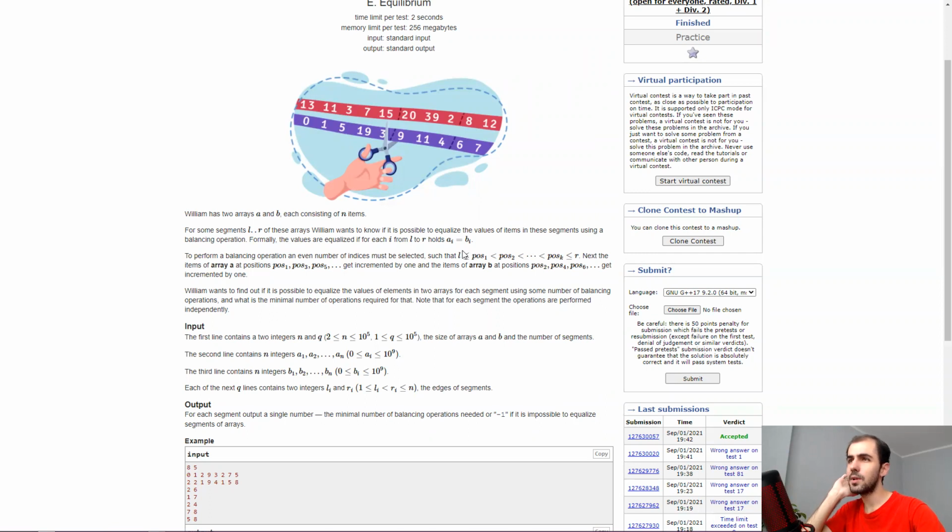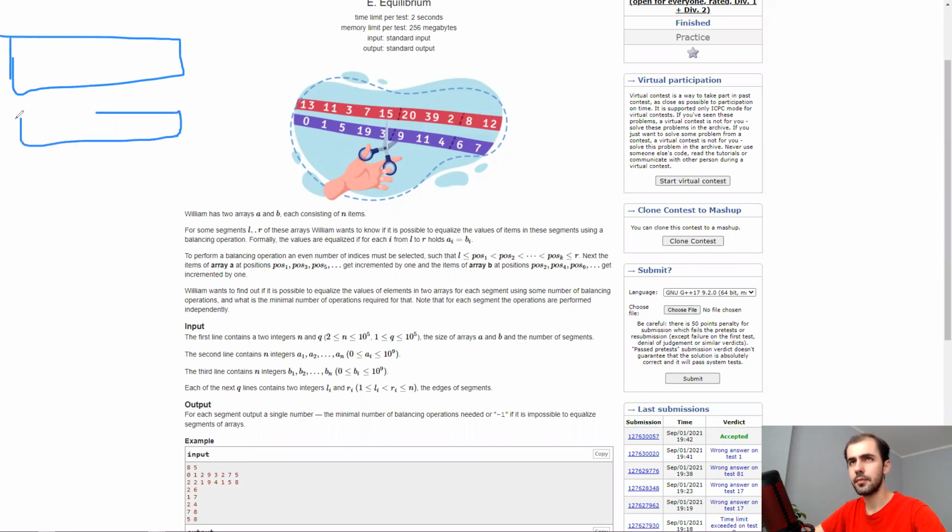And we want to equalize them with a sequence of special operations where we select some position. Let me draw it because that's just easier to explain. We have array A, we have array B, we have some subarrays from left to right.